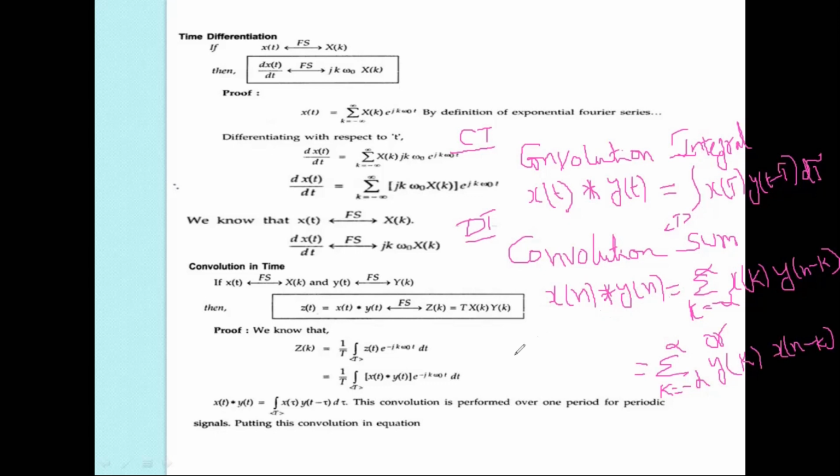What is the commutative property saying? AB is equal to BA. So I am interchanging x as y and y as x. Understood? We can use x of k, y of n minus k, or y of k, x of n minus k.